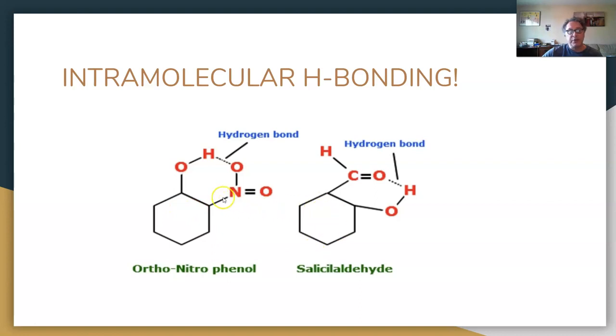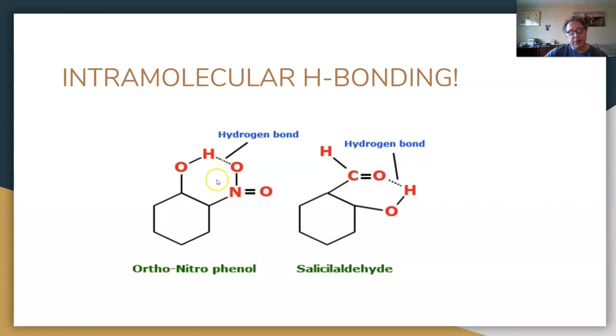And what you see is that the preferred shape of this molecule, which has an OH here and an NO2 here, is to have these atoms arrange themselves in this ring, in a six-membered ring. Same thing is happening here, right? So that changes the shape and the properties of these molecules. This is an intramolecular hydrogen bond. Okay?